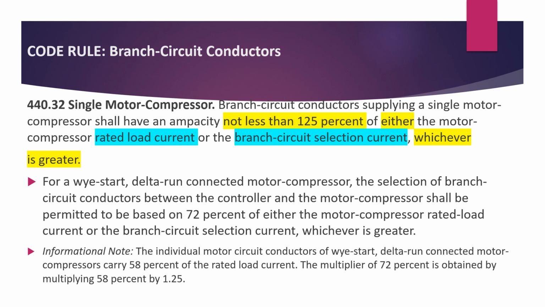In this case, the current in the delta leg is 57.7% or 58%. So by calculation, 58% times 1.25, you will get 72%. That is the informational note mentioned by the code.